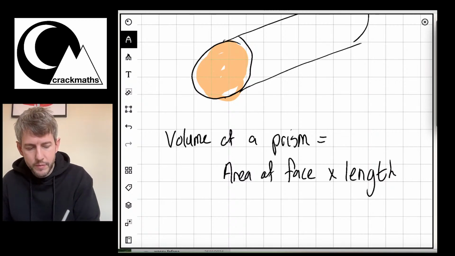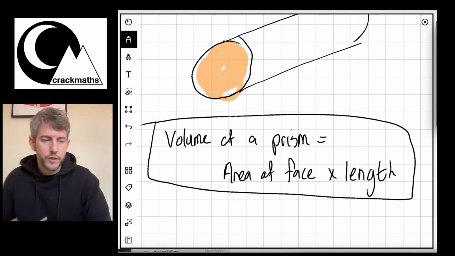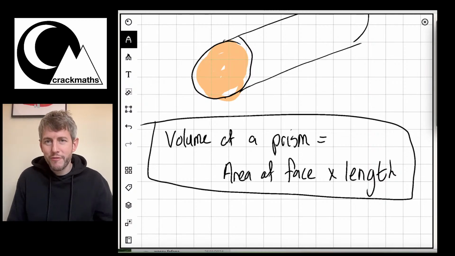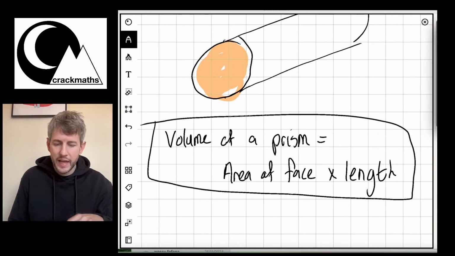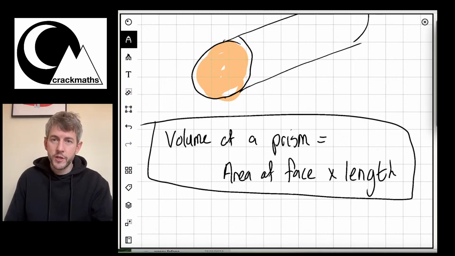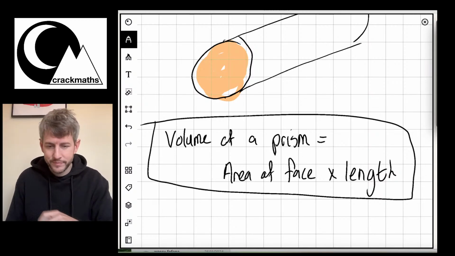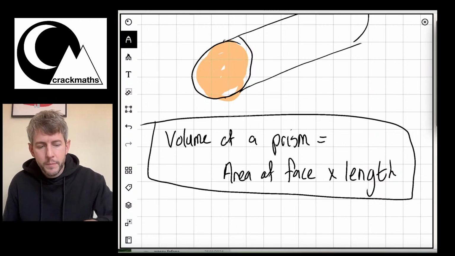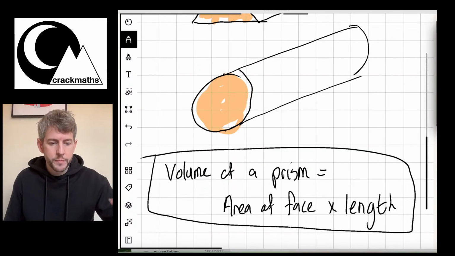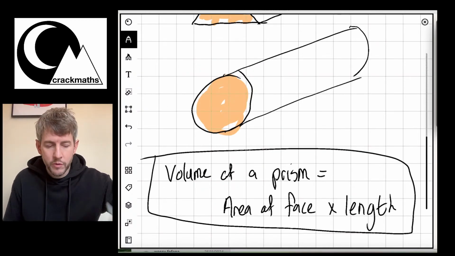Okay, so here we go. The volume of a prism is the area of the face multiplied by the length. So in this topic today, we're going to have to recall some of our formulas for area. Okay, but before we go on, let's just do one example of each one of these things.